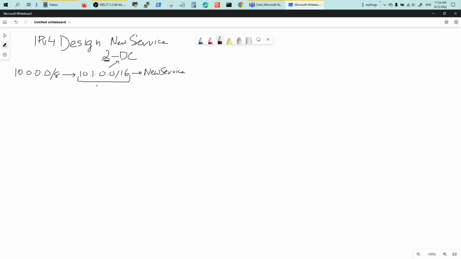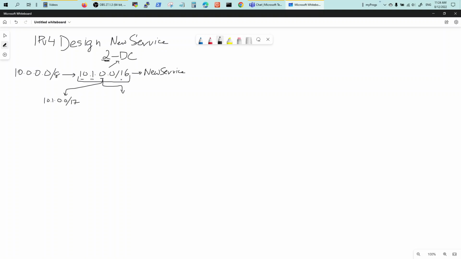So you can do a /16, which is first octet, second octet. You can break the third octet into 2 subnets and make this, since it's 2 data centers, a 0 subnet into /17.